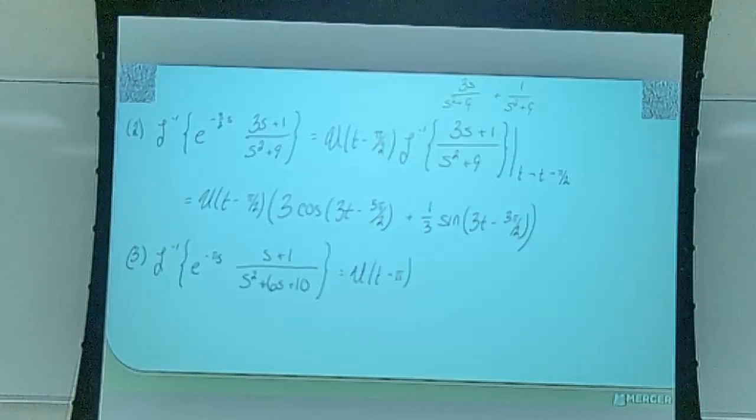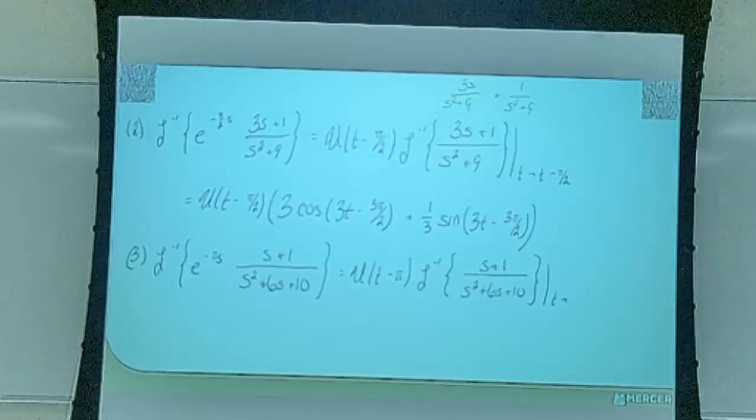That's u of t minus pi times the inverse transform of (s plus 1) over (s squared plus 6s plus 10), now evaluated when t is replaced with t minus pi.